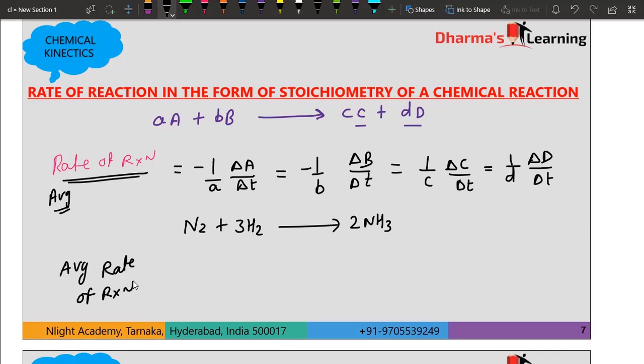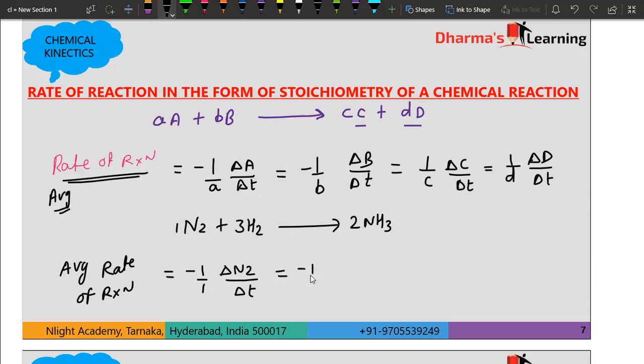Very important point: the average rate will be equal to minus 1 by 1, because the stoichiometric coefficient is 1, change in concentration of nitrogen divided by change in time. That will be equal to the same thing with respect to hydrogen, because whether I represent the rate with respect to nitrogen or hydrogen, it should always be the same.